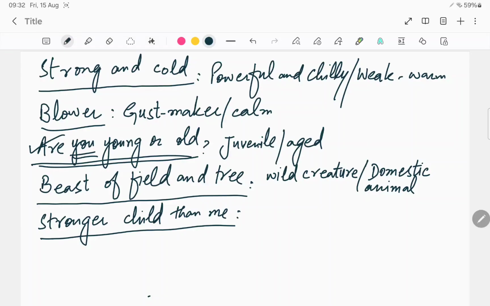Now the young boy is asking, stronger child than me. That means more powerful than me. And the antonym obviously will be weaker. So we can say my brother is a stronger child than me in sports. Well, if your brother is, then you should write it.